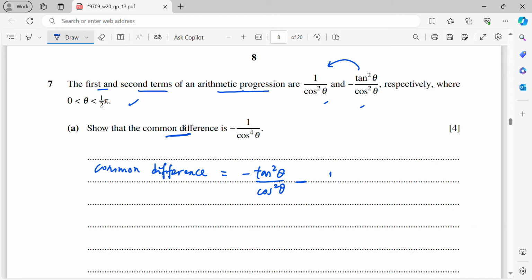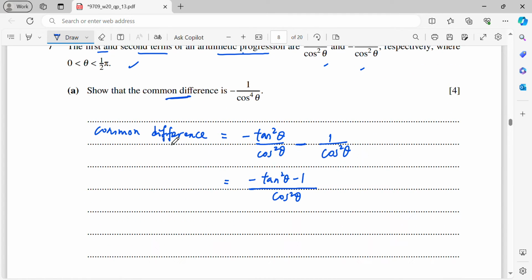Then from here, I will say that it is over cos squared theta, so minus tangent squared theta minus 1, since the minus is in common, right?